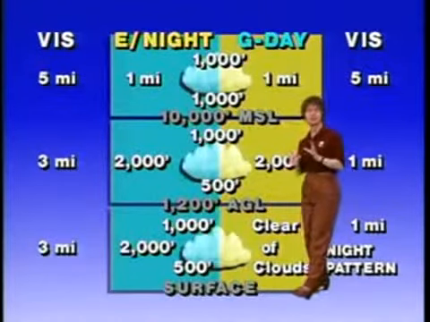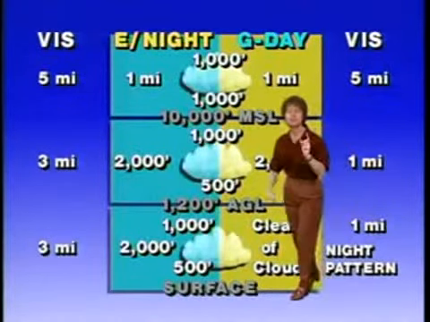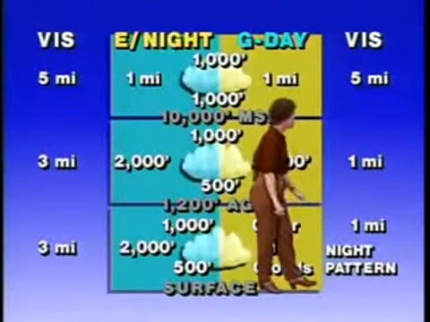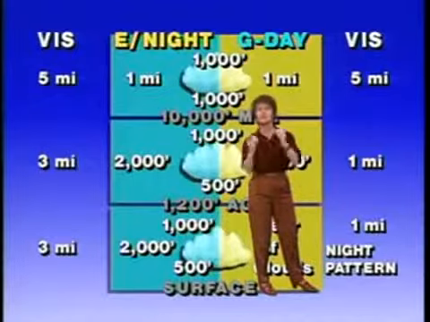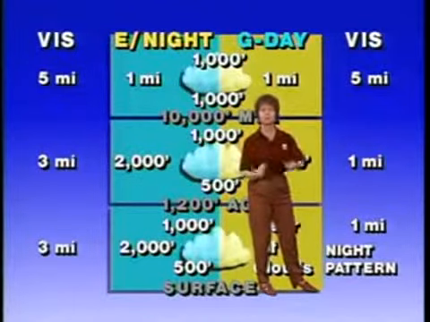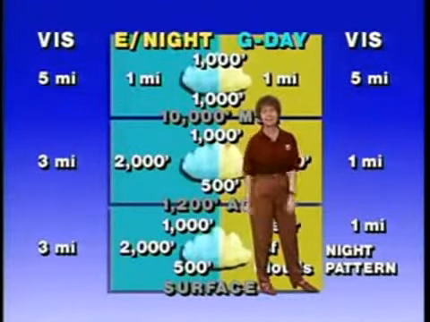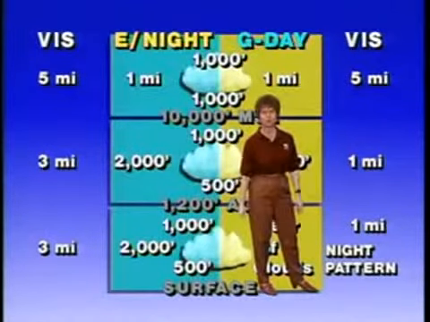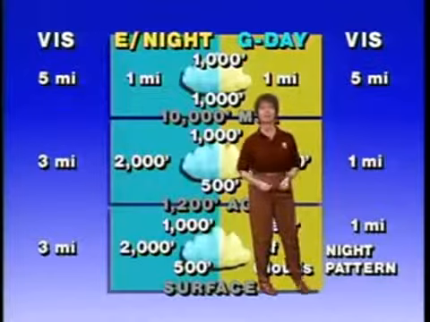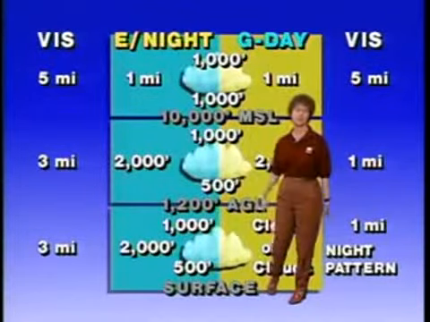In Class G airspace, even at night, you can continue to operate with clear of clouds and 1 mile visibility, provided that you're basically in the traffic pattern for the airport, and the FAA defines that as within 1/2 mile of the airport runway. That's Class G and Class E airspace.